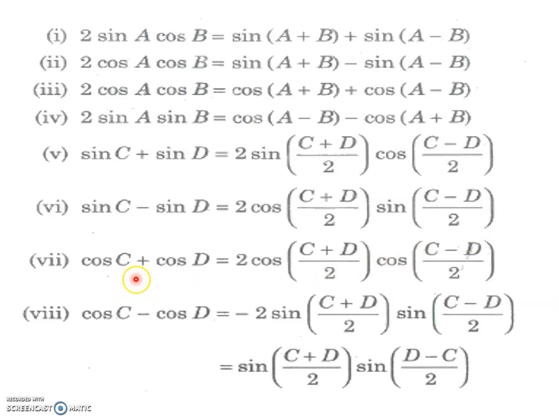Third formula, cos C plus cos D is 2 cos C plus D upon 2 into cos C minus D upon 2. Cos C minus cos D is minus 2 sin C plus D upon 2 into sin C minus D upon 2. If we take both as sin, then it is 2 sin C plus D upon 2 into sin D minus C upon 2. Be clear, here there is no multiplication by 2 in the bracket.